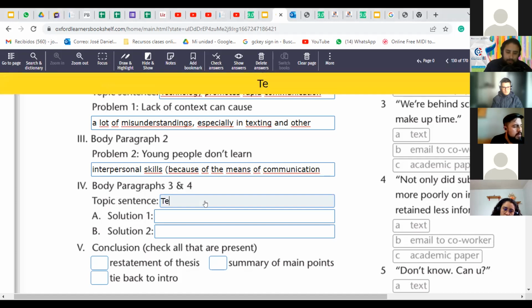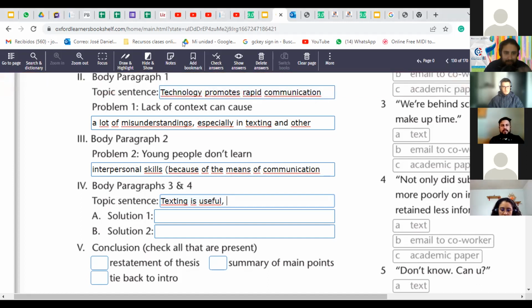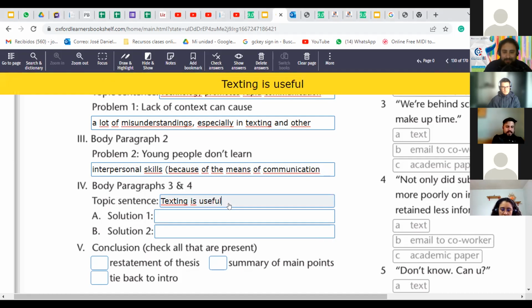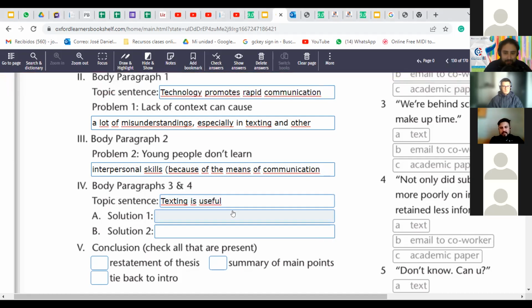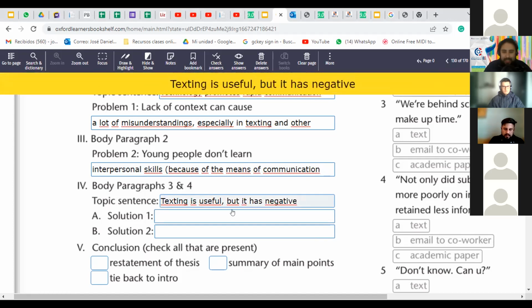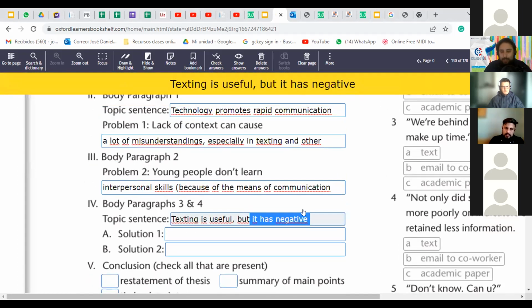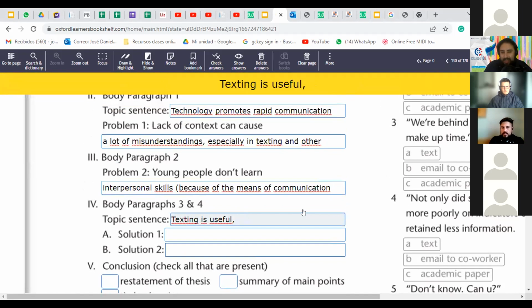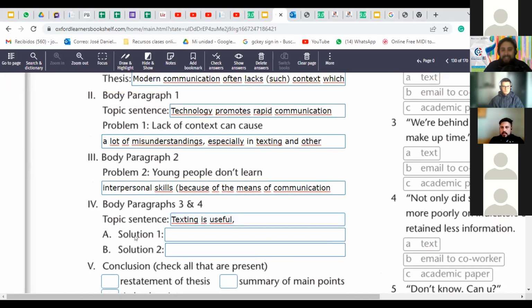Texting is useful and convenient, but it has negative effects. Okay, remember that topic sentences should be as literal as possible, though. So more than just how it has negative effects, we are now going to address how to solve those negative effects, right?